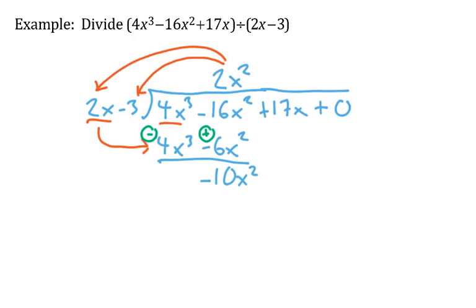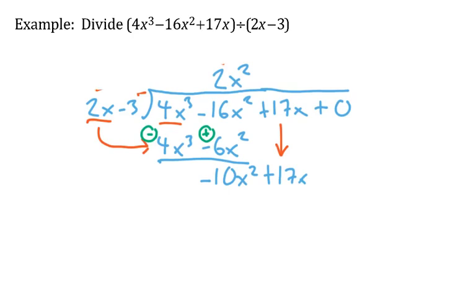Now, to continue the process, because this is basically saying that we did not come out evenly, what we generally do is we bring down one more term. So we copy one more term from the dividend, and then we start all over. I'm going to clean this up a little bit just so we can start again.